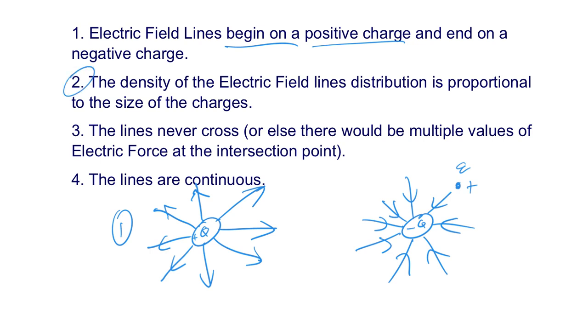Okay, rule number 2, the density of electrical field lines. Now, when they say the density of electric field line distribution, that means the closer the lines are to each other, the more densely packed they are, the stronger the field around the field charge is.